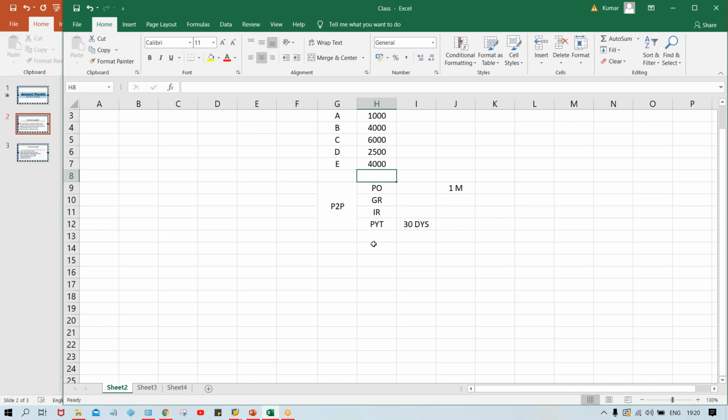Once again, I'll repeat here, because learning SAP doesn't mean that you have to learn the configurations blindly. No, you need to understand the concepts. If you're able to understand concepts, only then are you going to become a consultant.